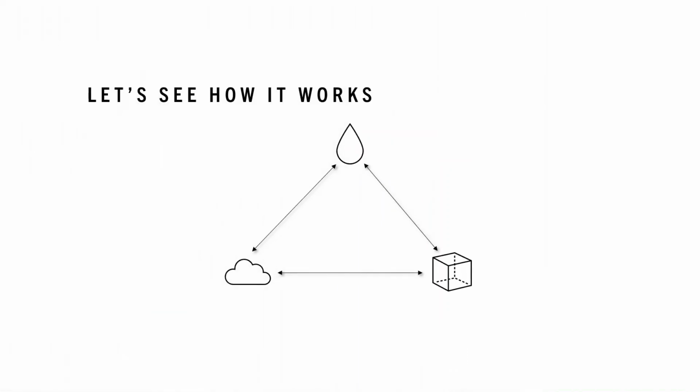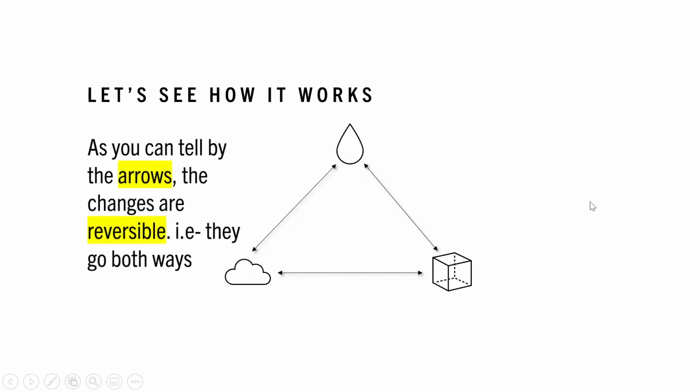Alright, don't panic. Let's see how it works. Remember, we have these to represent our three states of matter: the solid, the gas, and the liquid. So if you look at these arrows, you would see that they're pointing in both directions, which suggests that the changes, the physical changes, are reversible. Each and every one of them is reversible.